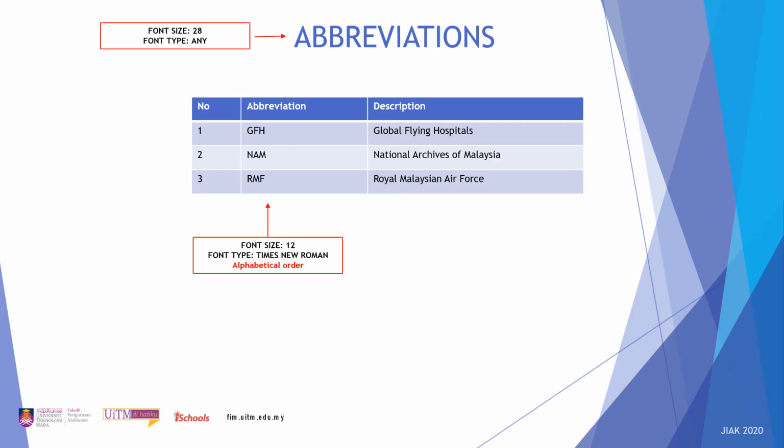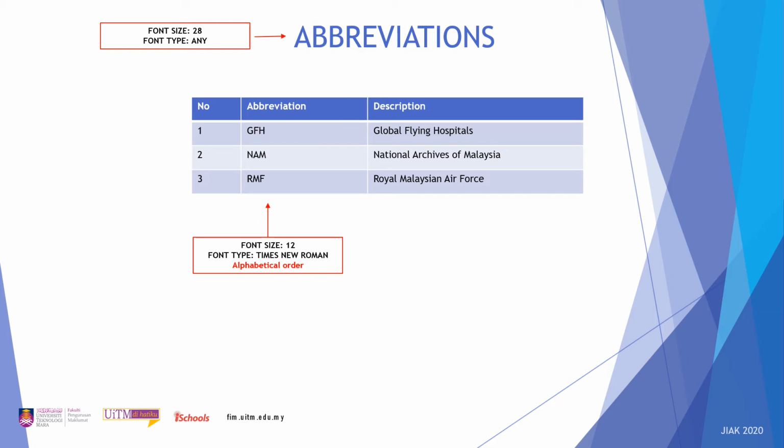Here again you have to list according to alphabetical order. How are you going to get these abbreviations? Of course, it must be based on your project. If your Finding Aids book has these kinds of abbreviations, you should put them in the abbreviations page.